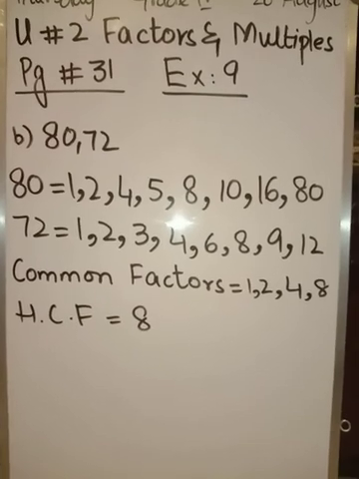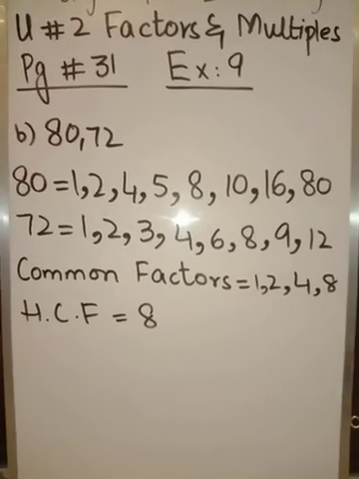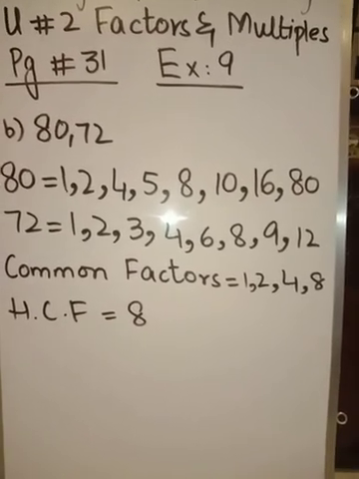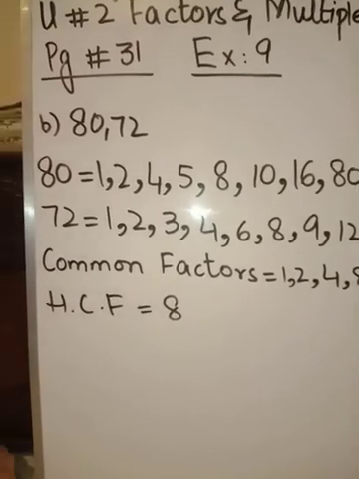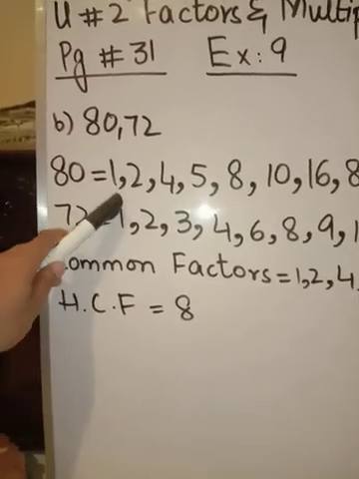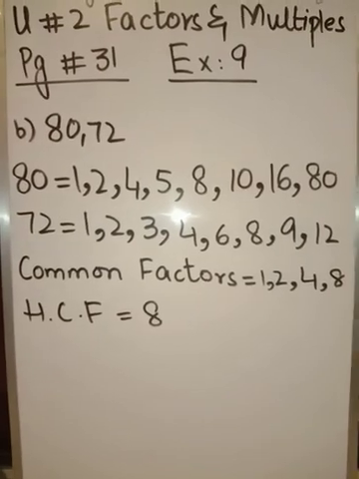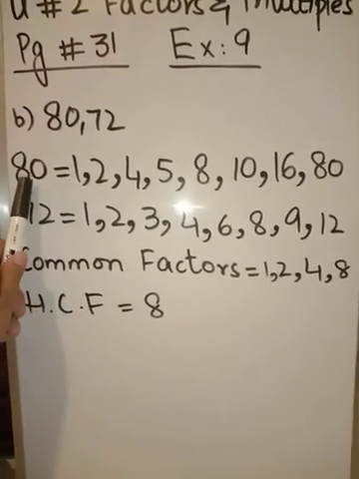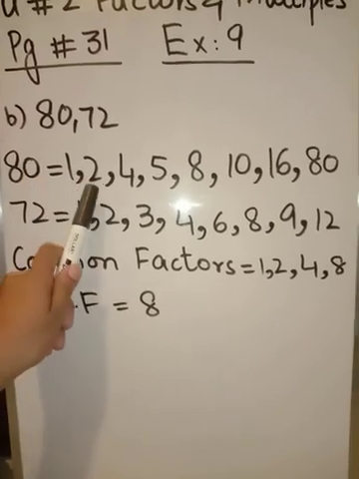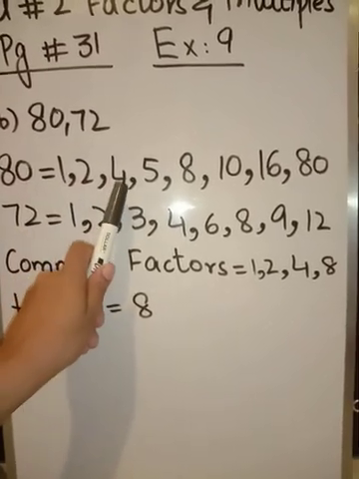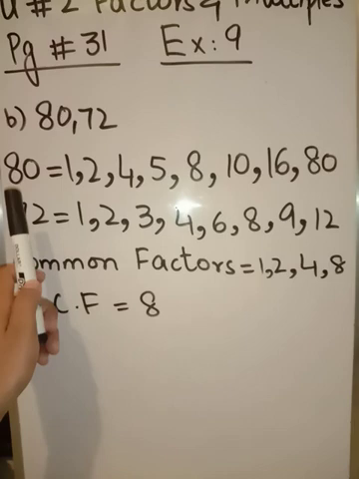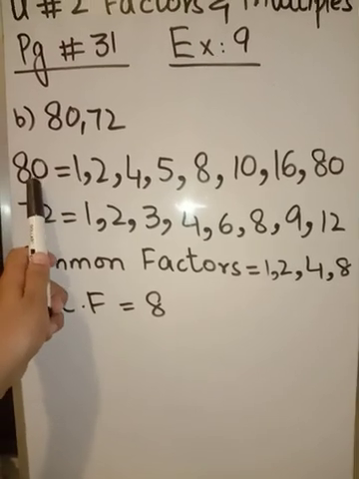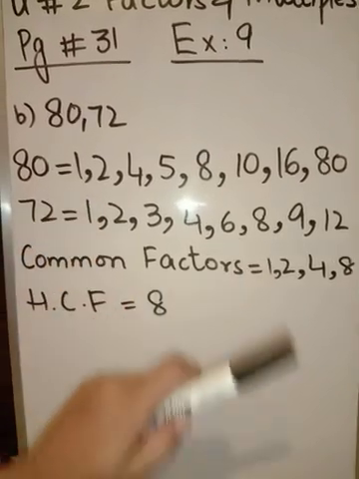Students, by finding the factors of 80, we got 1, 2, 4, 5, 8, 10, 16 and 80. However, where did we get 1, 2, 4, 5, 8, 10, 16 and 80 from? As we know, 80 is divisible by 1, 80 is also divisible by 2, 80 is also divisible by 4. You have to check the divisibility of the given number by all the numbers.